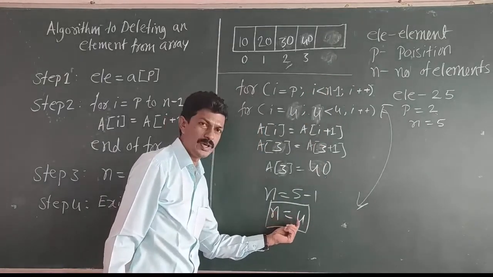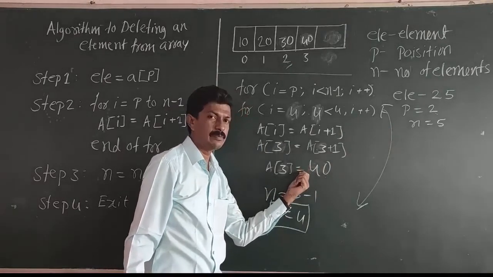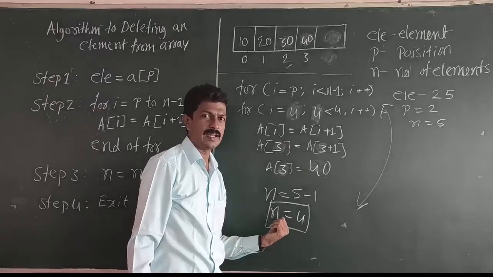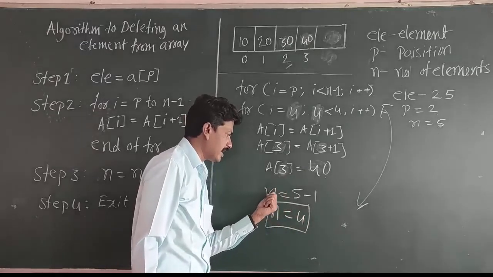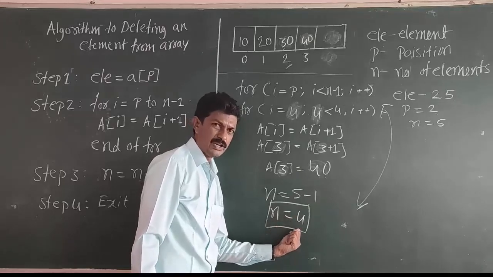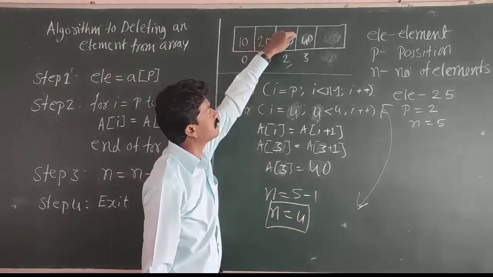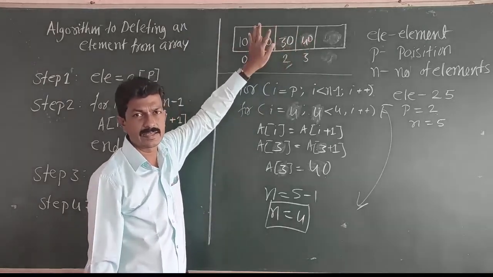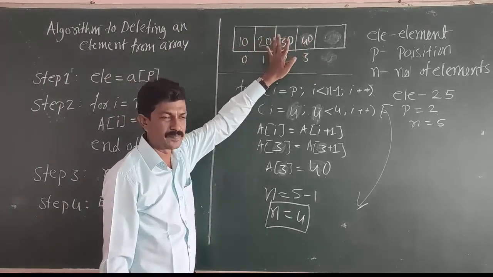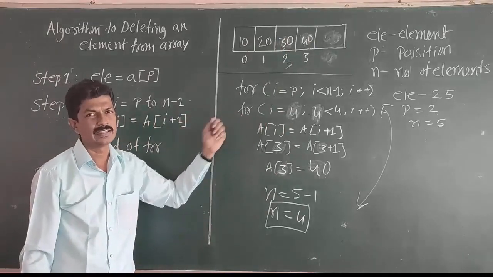After deleting an element, we should decrease the size of the array, which is done with n equal to n minus 1. Now the array size is 4: these are 1, 2, 3, 4. Four elements exist in the given array. This is how we delete an element from a given array.